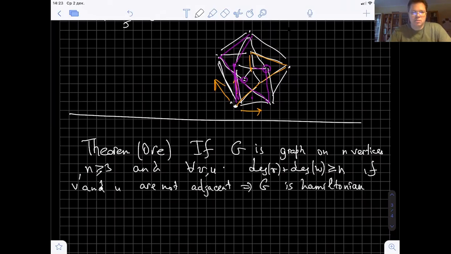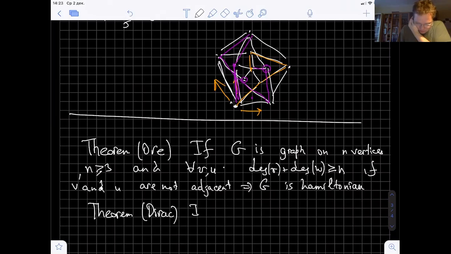And the simple condition for the graph to be Hamiltonian is... I just forget how this theorem is called. Anyway, it's called Dirac's theorem. It's a similar theorem.